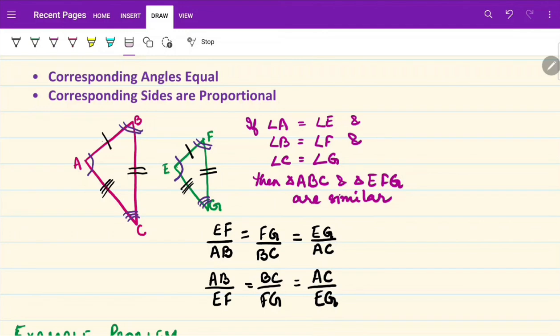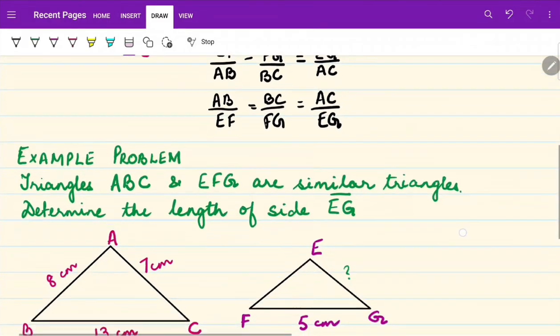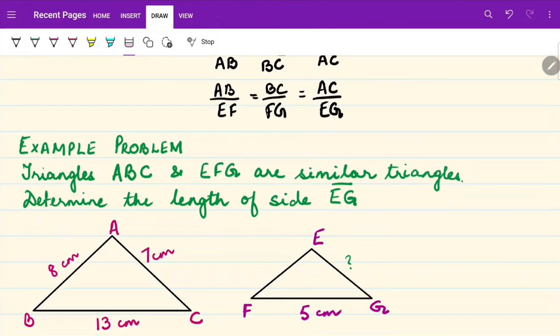Whether it's a three-sided triangular figure, a four-sided quadrilateral figure, or any other polygonal figure, they would satisfy these properties as long as they are similar. Now that given, let's work on this example problem.